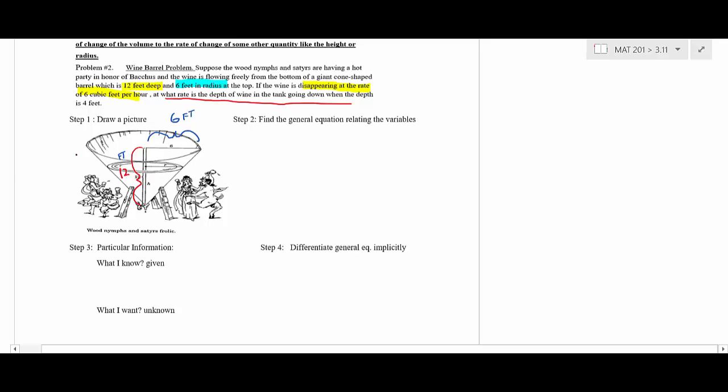So what I'm going to do is draw a picture, and have you draw a little picture too. Let's just draw a triangle from the side. This will help you see this. The radius is 6, a 6-foot radius, and I think it said the whole height was 12.